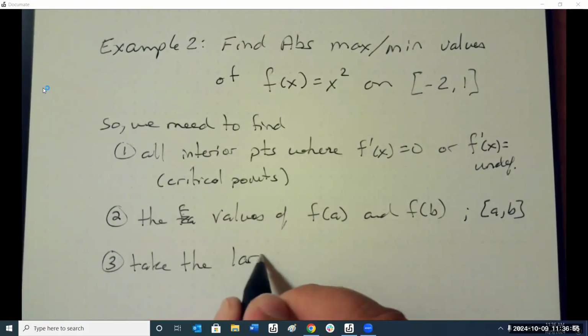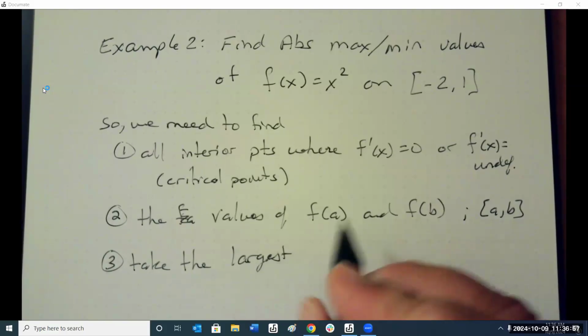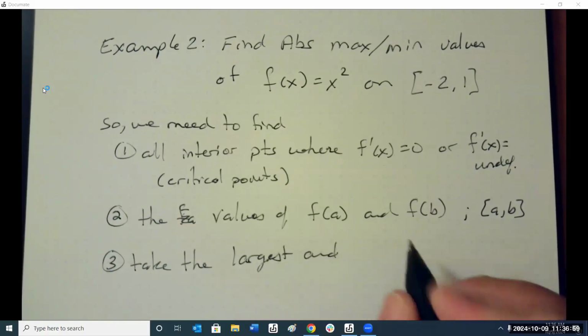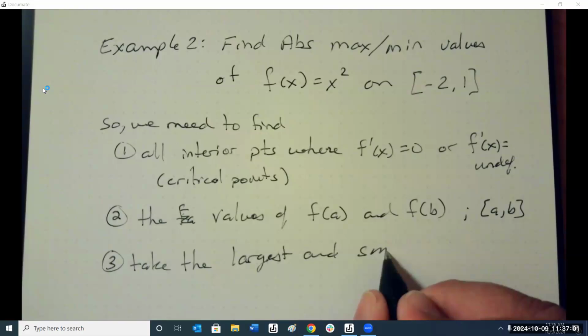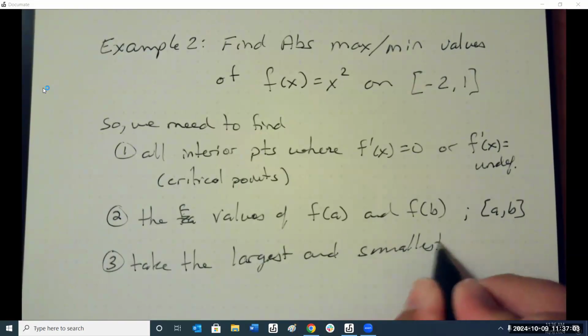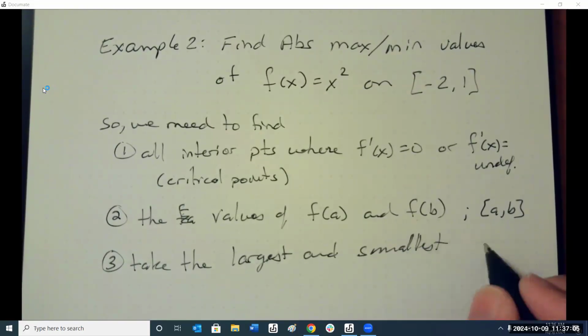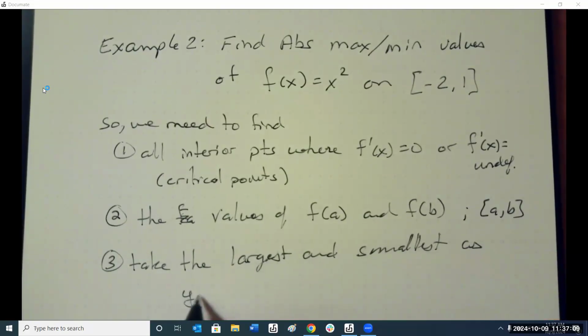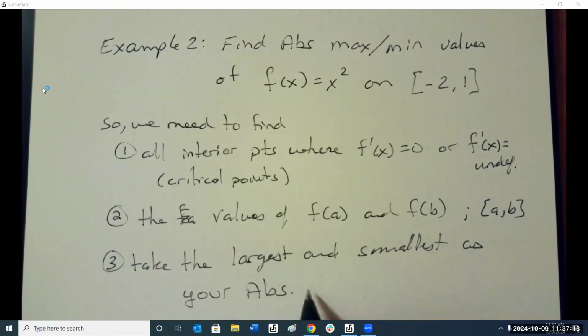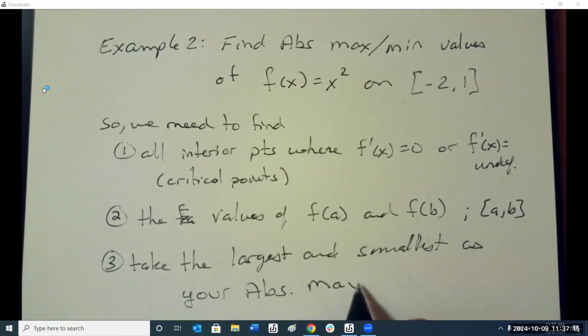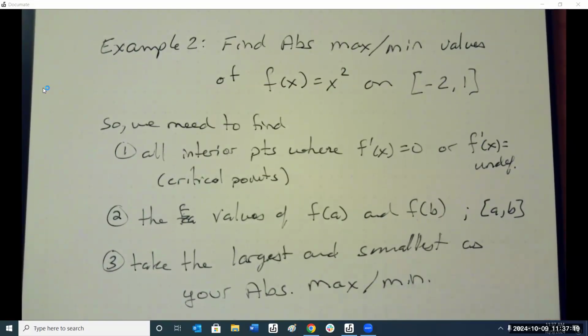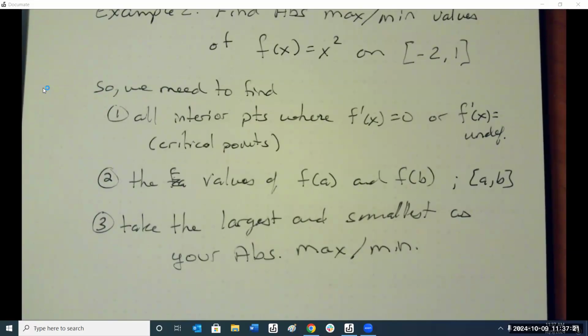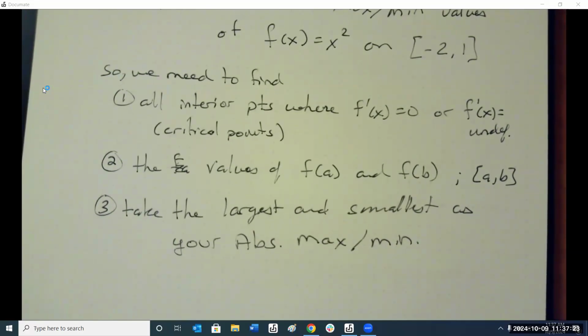Take the largest and smallest as your absolute max and min. All right, so that's what we have to do.